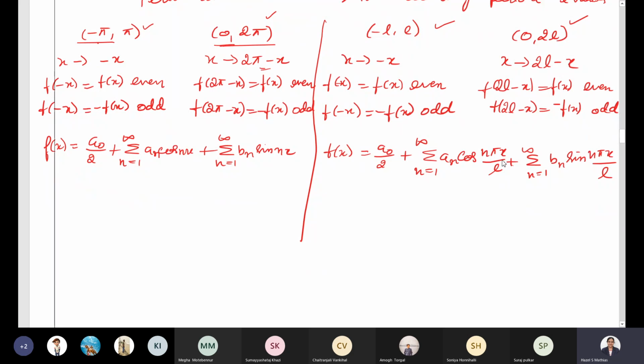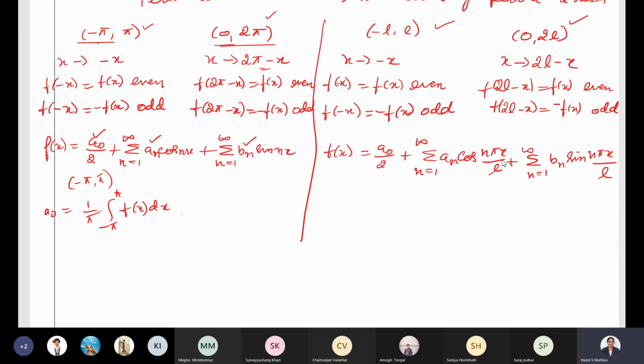Now we need to find the three arbitrary constants. What are those? A naught, an and bn. Forget about the concept of even and odd functions. We'll write the general formula of this. So suppose you consider the interval minus pi comma pi, then a naught is given by 1 by pi integral minus pi to pi f of x dx.